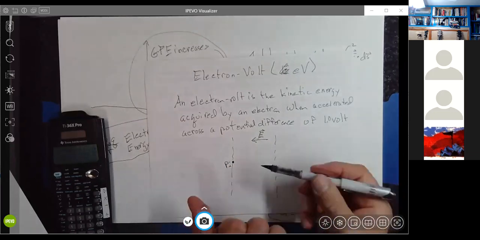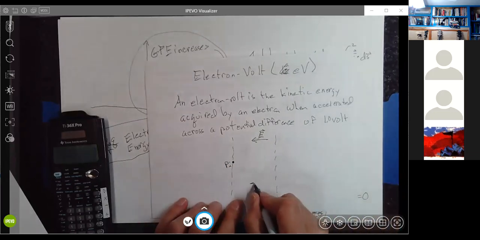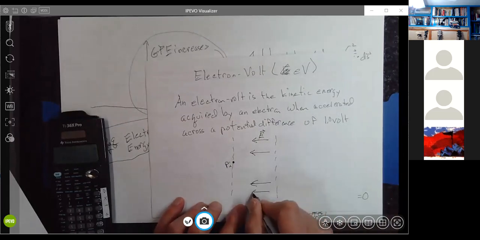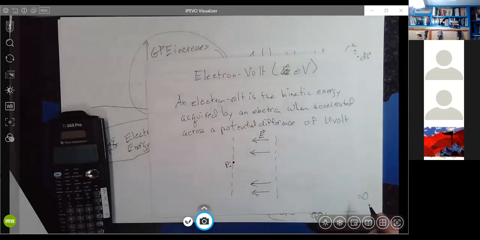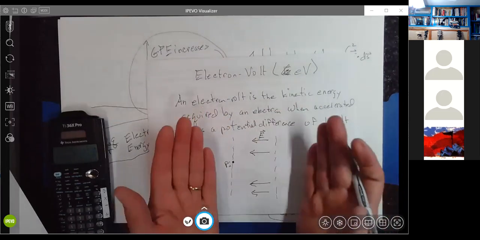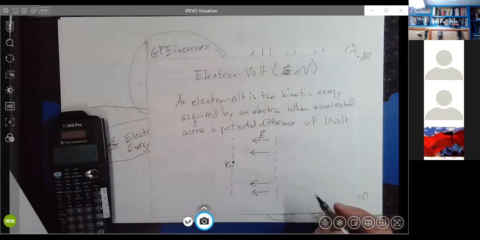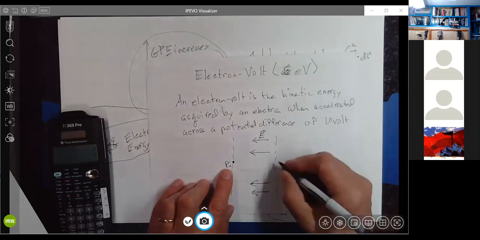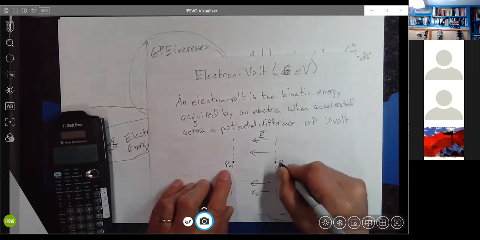We'll imagine this is a place where you have a uniform electric field that points in the same direction with the same magnitude. So this could be the electric field between two metal plates that are close together, like the things they used to have in TV sets for changing the direction of the electron beams. But anyway, here's its initial position, and here is its final position.